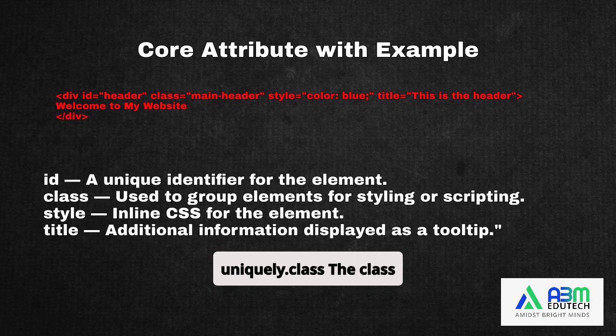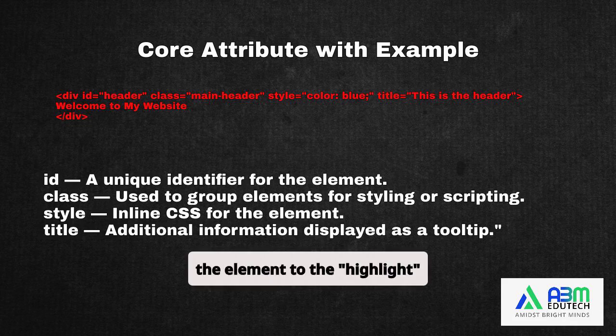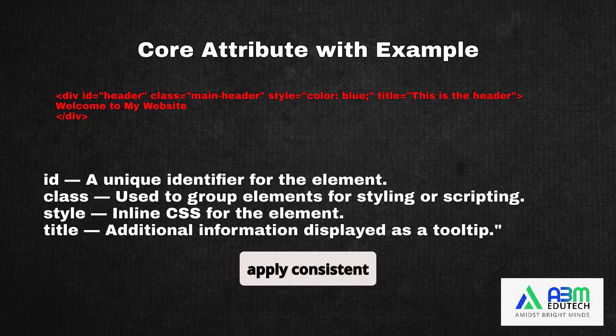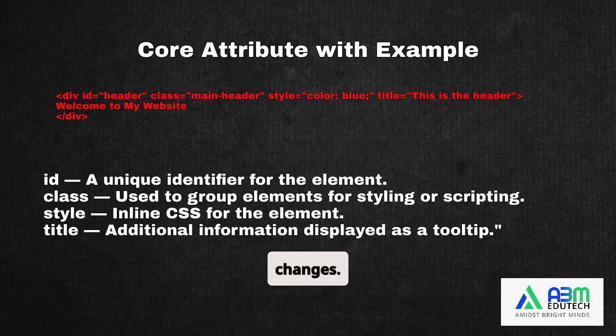Class. The class attribute allows you to group similar elements together for styling or scripting purposes. For example, p class equals highlight assigns the element to the highlight group, making it easy to apply consistent styling. Style. This attribute enables the application of inline CSS directly to an element. While external CSS files are preferred for maintainability, the style attribute is handy for quick and specific style changes.